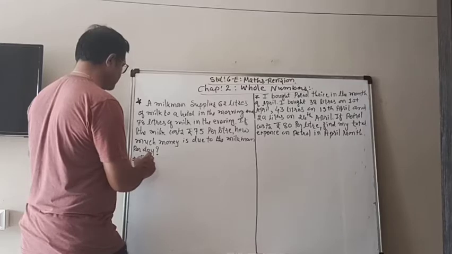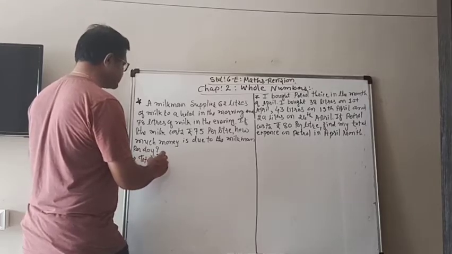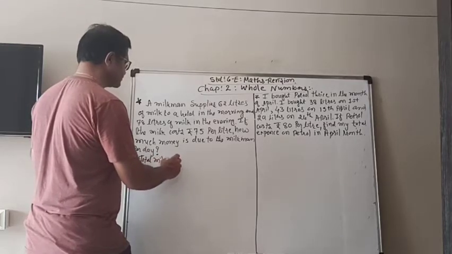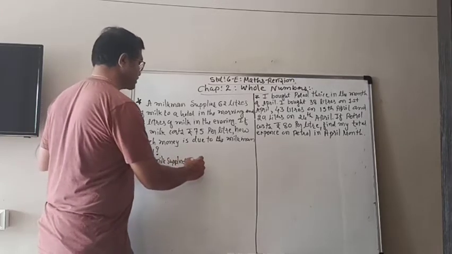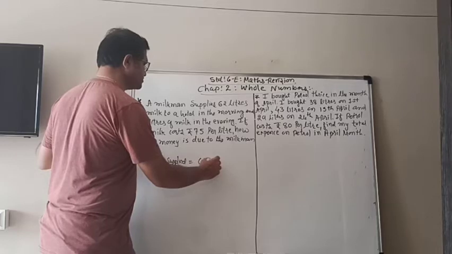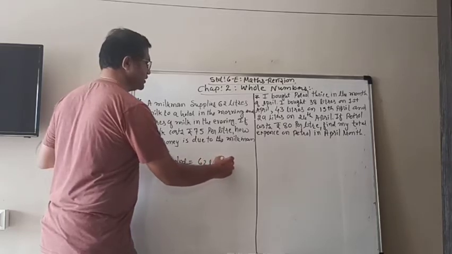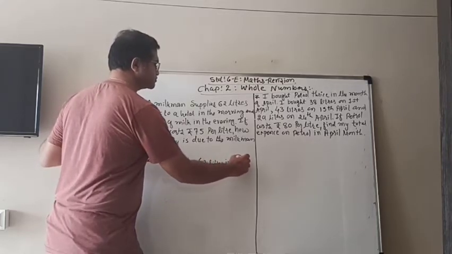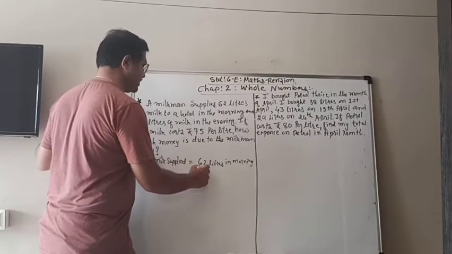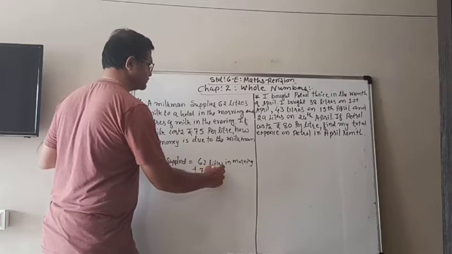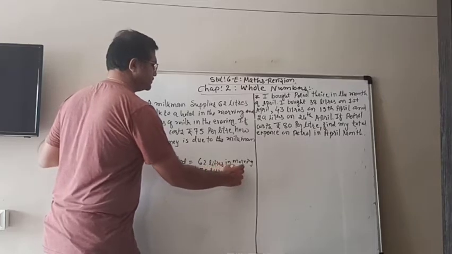So total milk supplied is equal to 62 liters in the morning plus 78 liters in the evening.